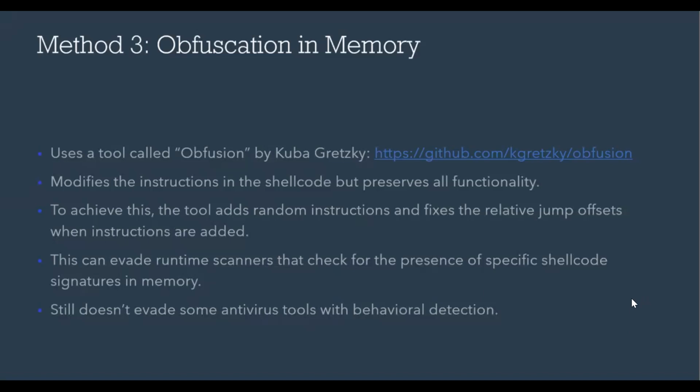To accomplish this, I made use of an open source tool called Obfuscating. This tool is able to insert random instructions which can confuse runtime scanners. This can still often get picked up by behavioral scanners.